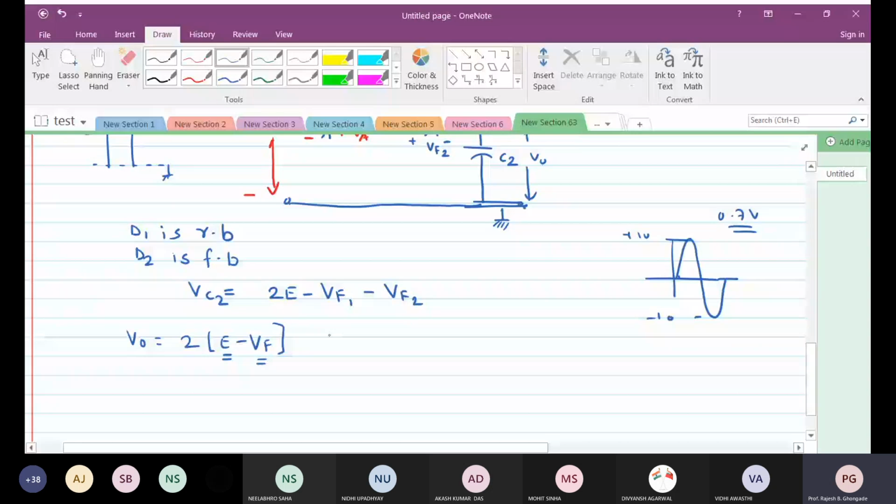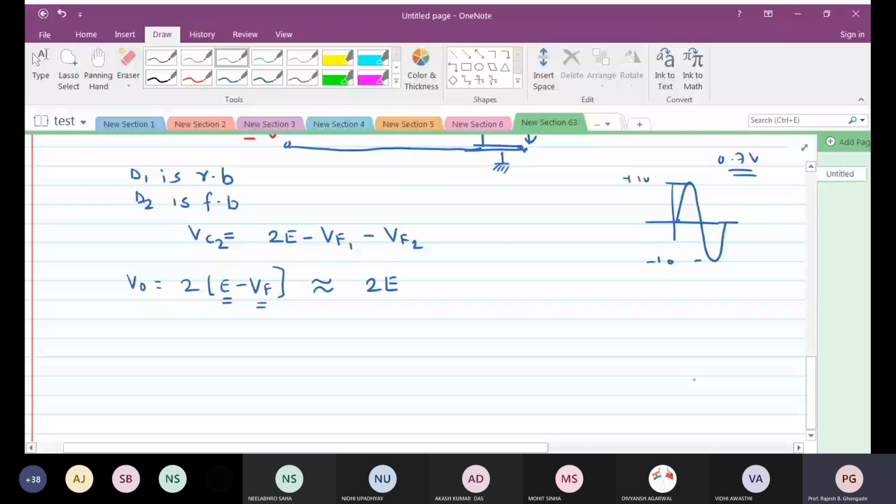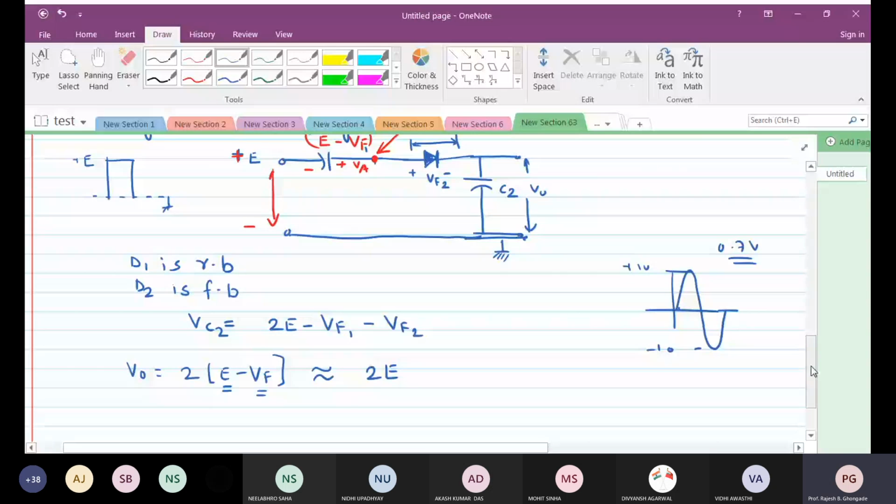So I can approximately say that this is 2 times E if I ignore this VF. What we have got is a voltage doubler.